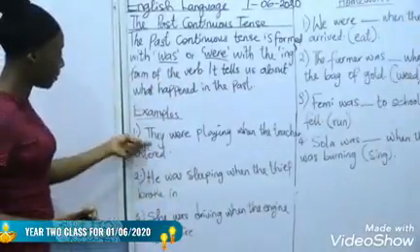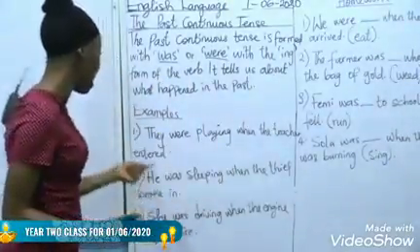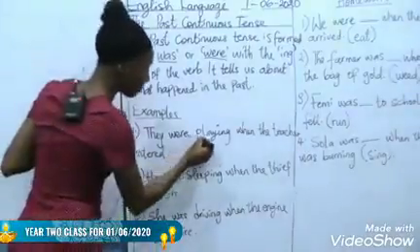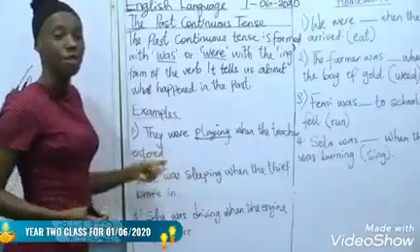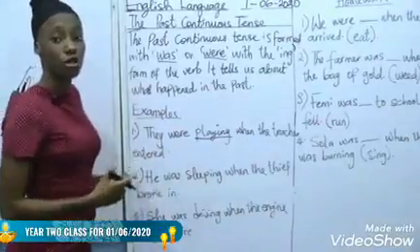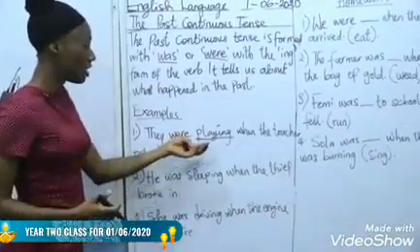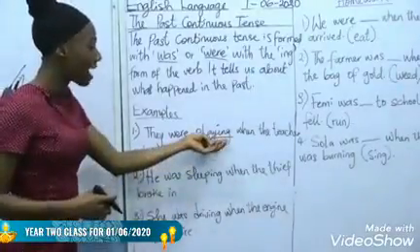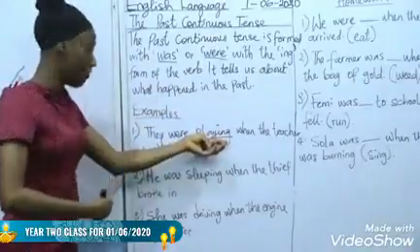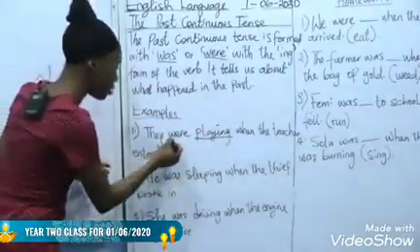Now we have an example. They were playing when the teacher entered. Remember, play is a verb. What is a verb? A verb is an action or a doing word. Then we have ing at the back of the verb, and we have were too.